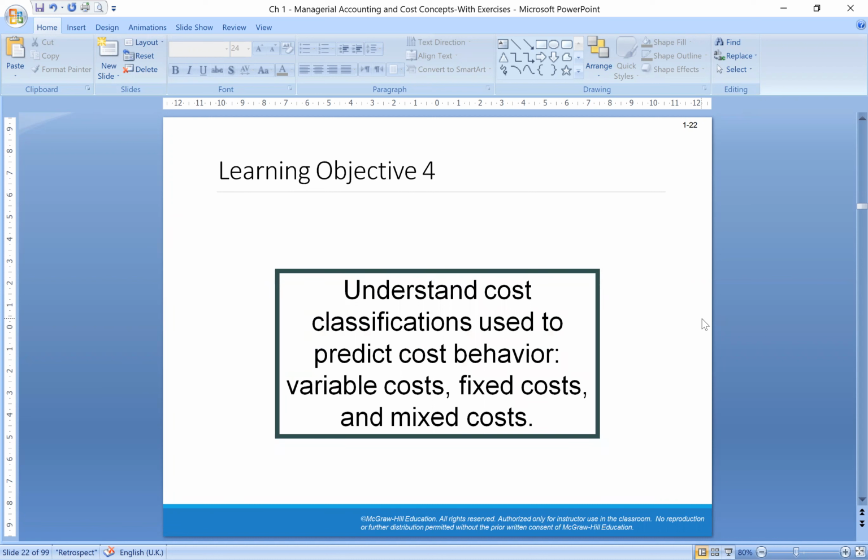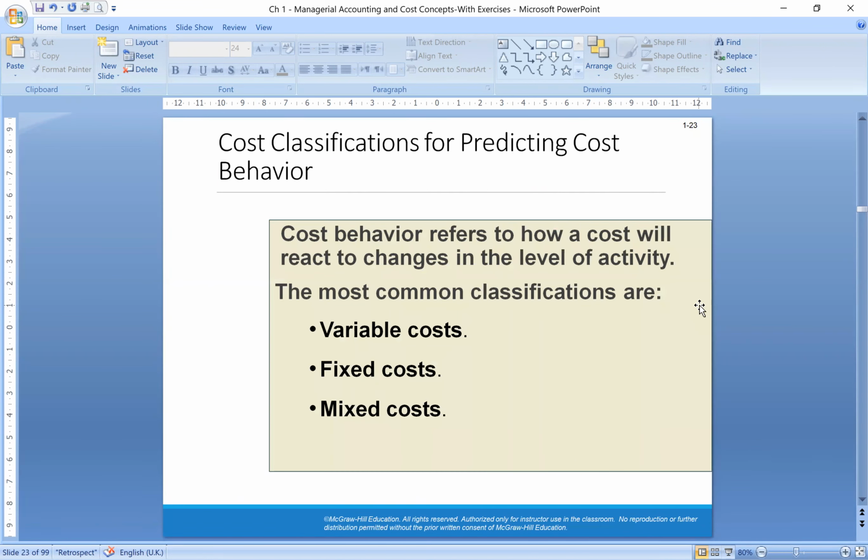Learning objective number 4, understand the cost classifications used to predict cost behavior: variable costs, fixed costs, and mixed costs. Cost behavior refers to how a cost will react to changes in the level of activity. Just for your information, what is the level of activity?